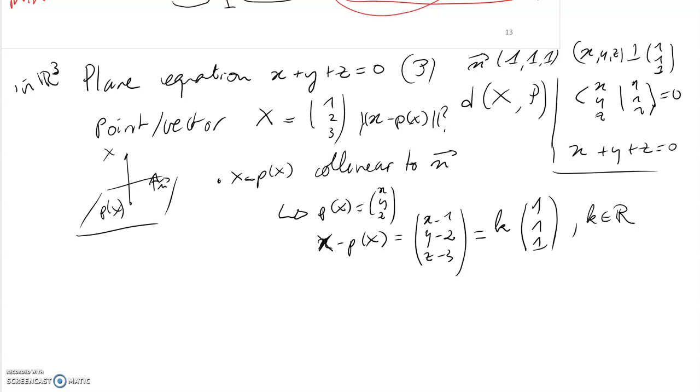That gives you a first set of equations for x, y, z: x minus 1 is equal to k times 1, y minus 2 is equal to k times 1, z minus 3 is equal to k times 1.